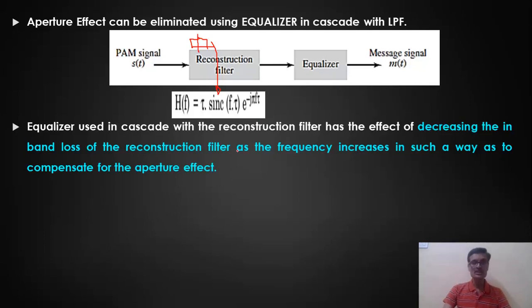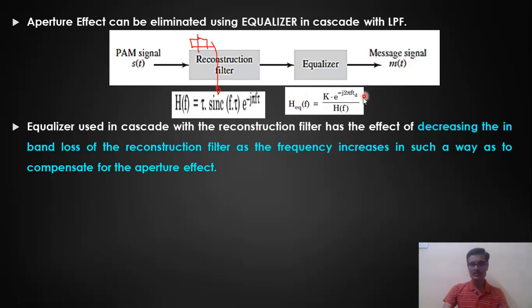Now, what should be the response of the equalizer? Just look at this. H equalizer of f is equal to K, which is a constant, exponential minus j 2 pi f td, divided by H of f. That is, this constant divided by the response of the filter H of f. That should be the response of your equalizer.